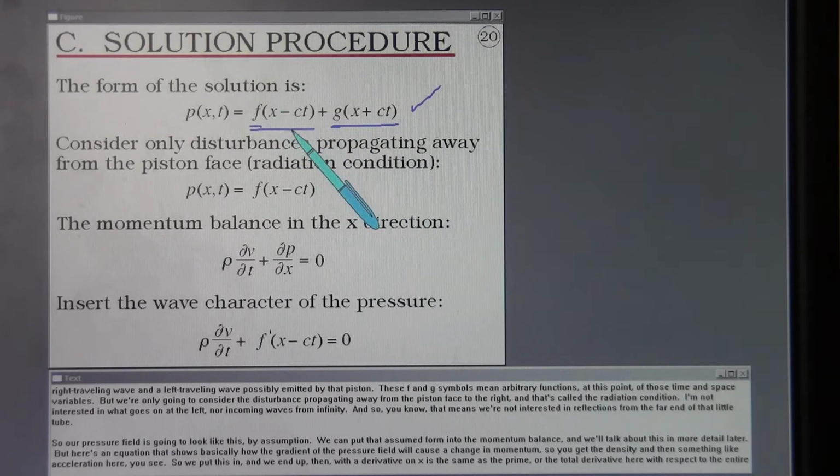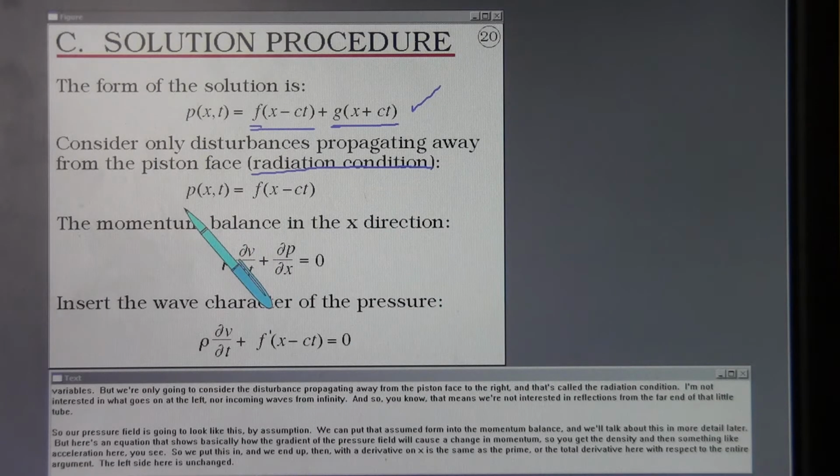But we're only going to consider the disturbance propagating away from the piston face to the right, and that's called the radiation condition. I'm not interested in what goes on at the left, nor incoming waves from infinity. And so that means we're not interested in reflections from the far end of that little tube. So our pressure field is going to look like this by assumption.